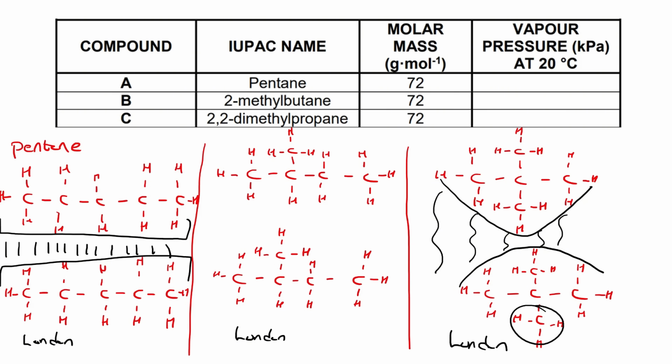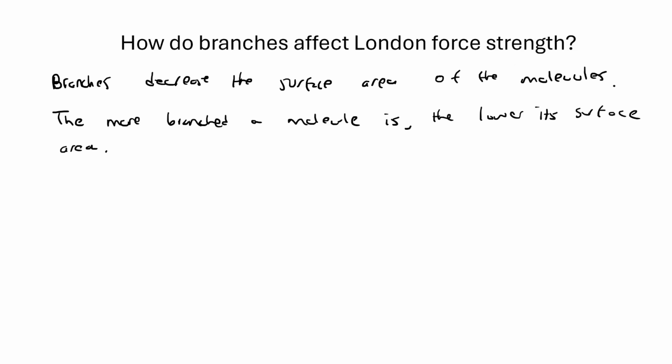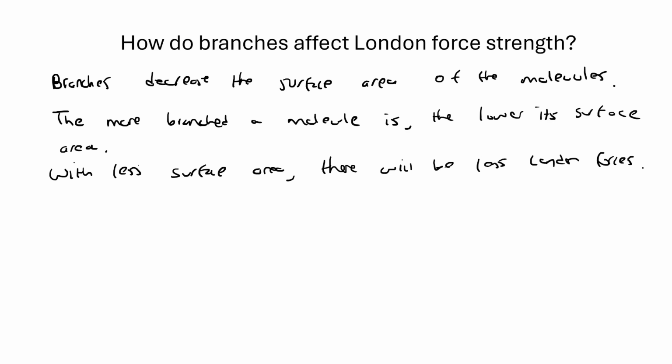There's less surface area, so there are fewer areas where London forces can actually operate. So we could say that with less surface area, there will be less London forces. I think you get the idea.